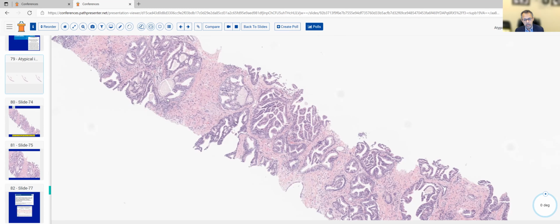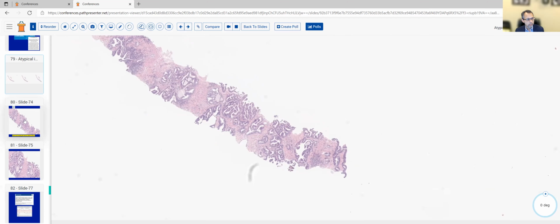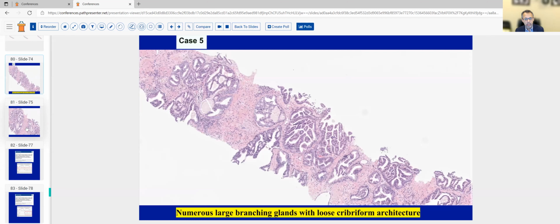They are often misclassified as high-grade PIN, but you should be able to assign the right diagnosis to these lesions if you pay attention to these morphological details. So here are some still images from this case. Again, note this loose cribriform architecture. So they lack the classic criteria of intraductal carcinoma.